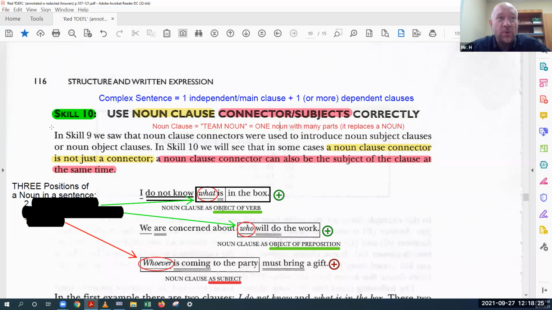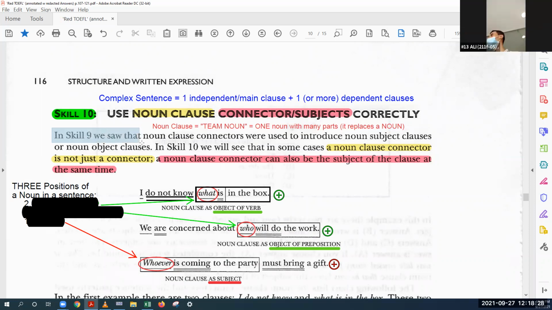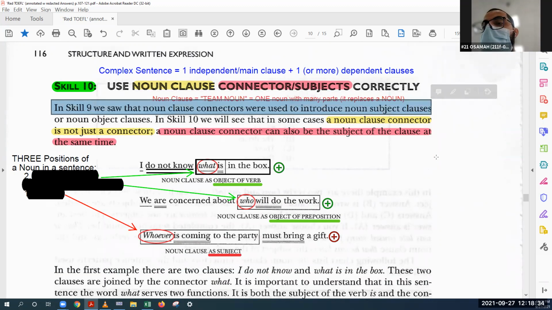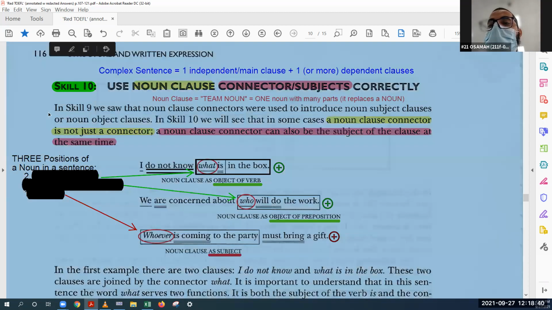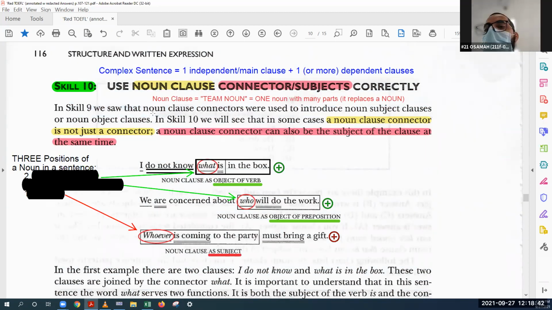All right, Osama, you want to read this? Skill 9. In skill 9, we saw that noun clause connectors were used to introduce noun subject clauses or noun object clauses. In skill 10, we will see that in some cases, a noun clause connector is not just a connector.